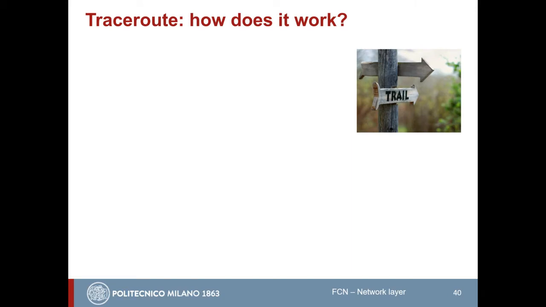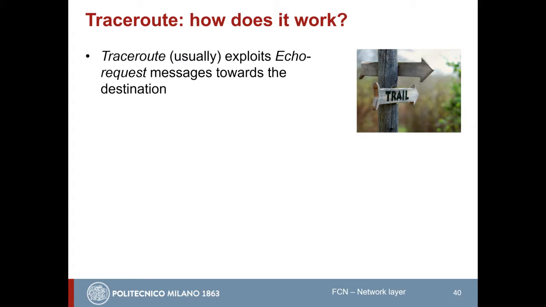Traceroute is based again on the ping message, on the echo request messages, so ICMP, with a trick. The trick is to set the time to live of the outgoing messages to increasing values. So the first message sent by the source has a time to live set to 1.